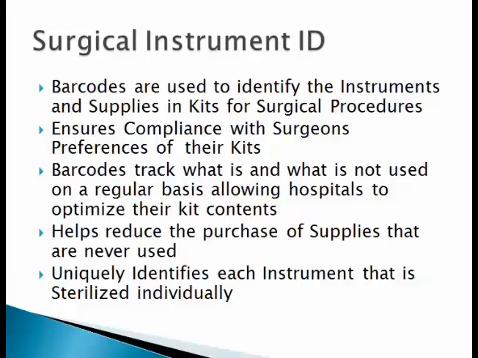It ensures compliance with surgeons' preferences of their kits. Barcodes also track what is and what is not used on a regular basis, allowing hospitals to optimize the kit contents. Sometimes these kits need to be reevaluated for what's in them.